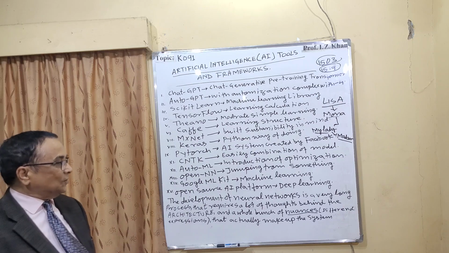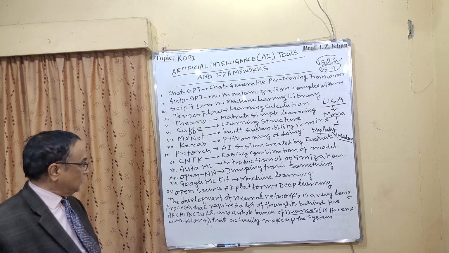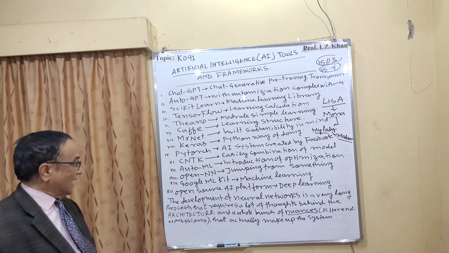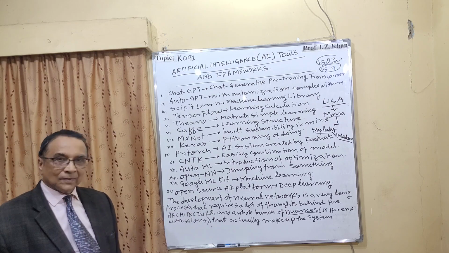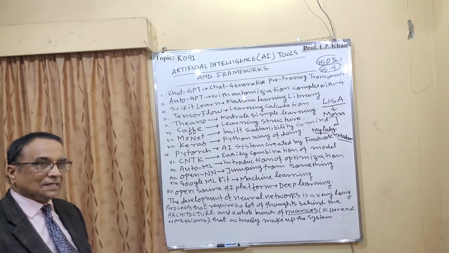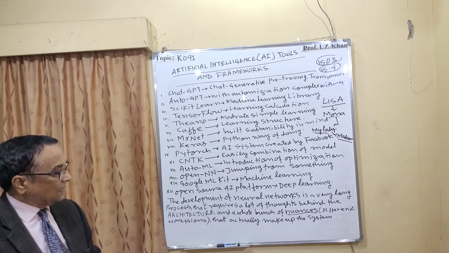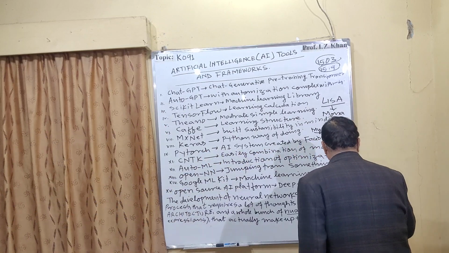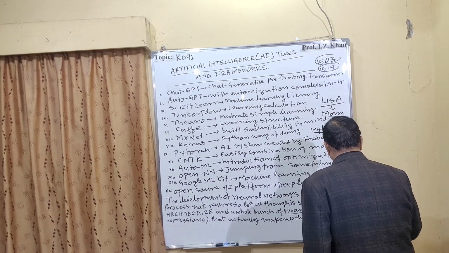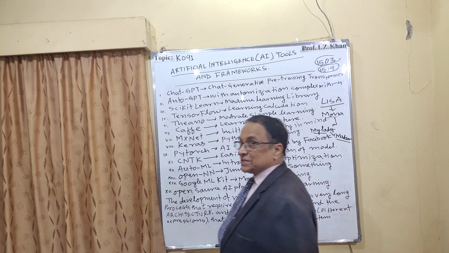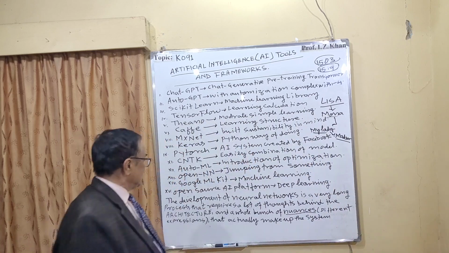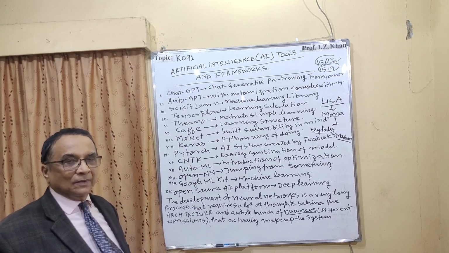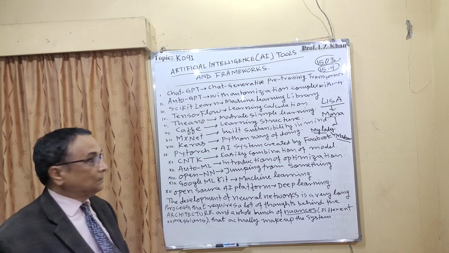The development of neural networks is a very long process that requires a lot of thought behind the architecture and a whole bunch of different expressions that actually make up the system that will be having an algorithm.